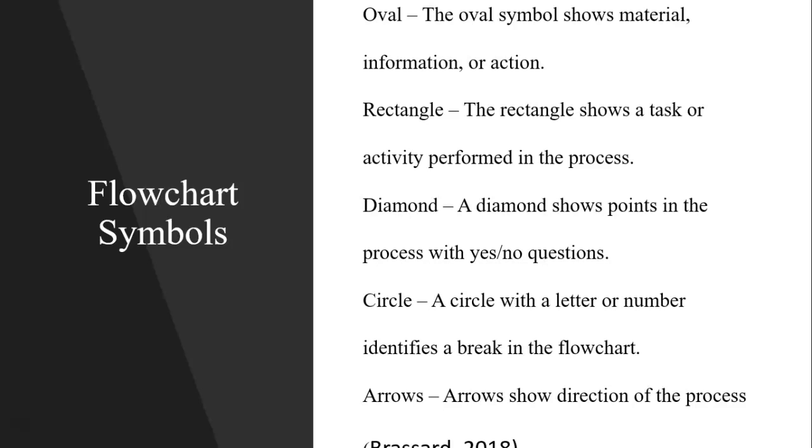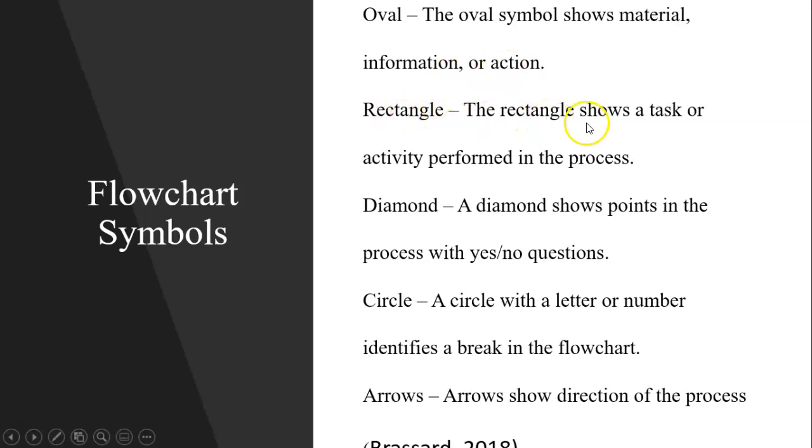It can be a challenge for a reader to identify what is a material, what is a task, what is a question, and where this question goes if it is a yes or no answer. So the oval shows the material information or action.